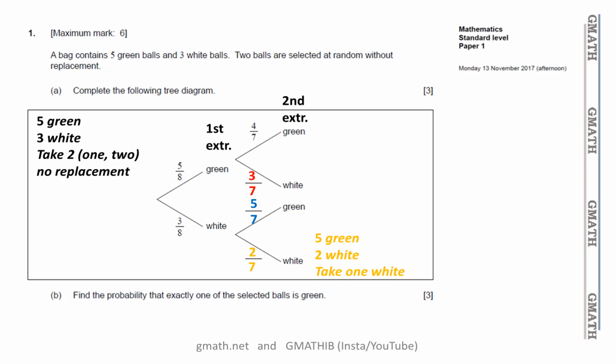We have 2 scenarios to have precisely one of the selected balls green. Extracting one first green ball, followed by one white ball, or vice versa. The sequential 2 balls extraction, shown in purple, has a probability of 15/56.